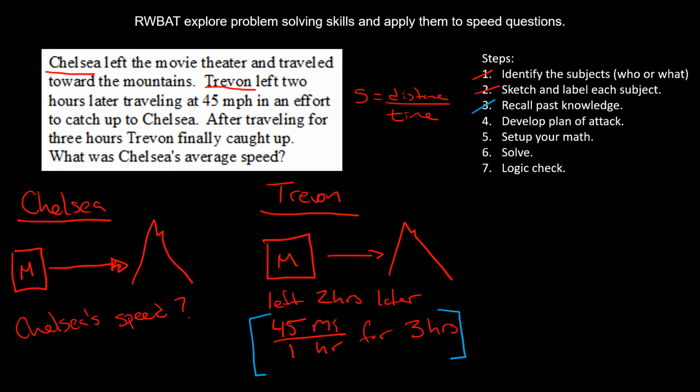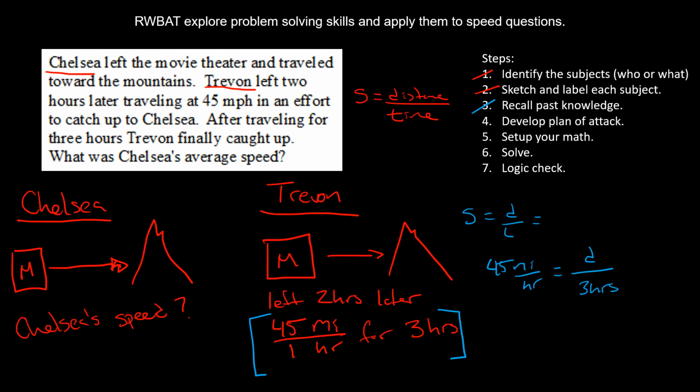We want to know when they catch up. My thing is, we have to figure out some other stuff, like how far are these people going? We know that Trevon is going 45 miles per hour, and he does this for 3 hours. So let's find out our distance. When we set up speed equals distance over time, we can say our speed is 45 miles per hour, and we're looking for distance, but we know the time, 3 hours.